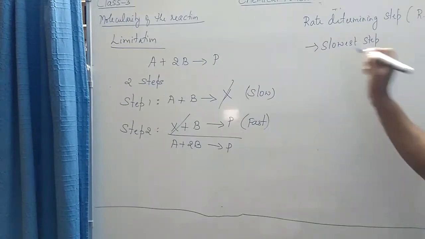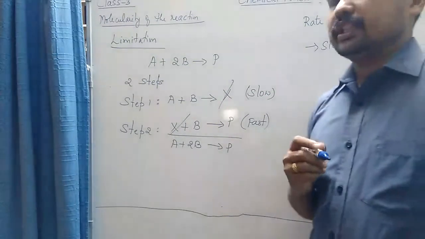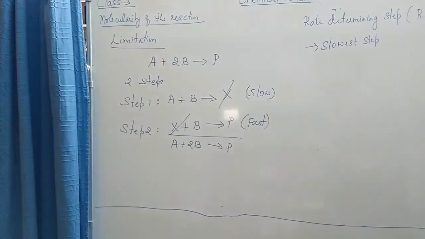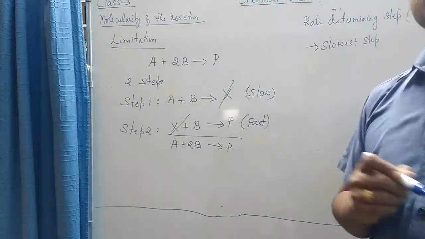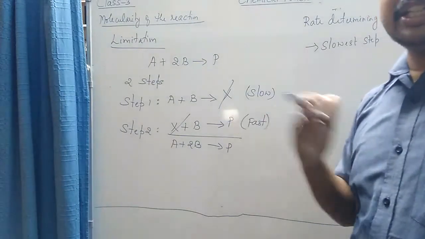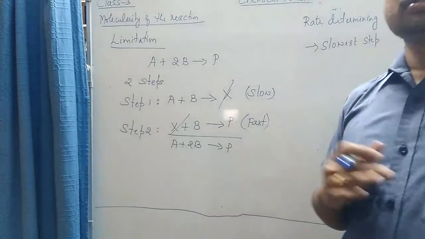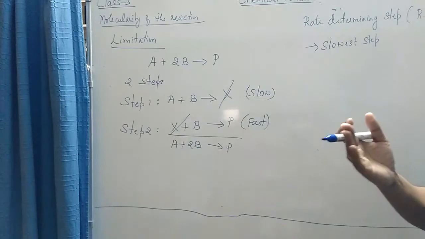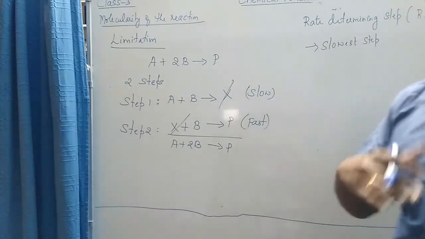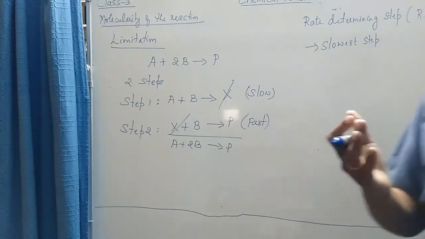Why is the slowest step the rate determining step? For that I will give an analogy. If you are in a competition, a 4 into 100-meter relay, you have four athletes A, B, C and D. Out of four, three athletes are very good, so they run very fast, whereas one of the athletes is relatively slower.